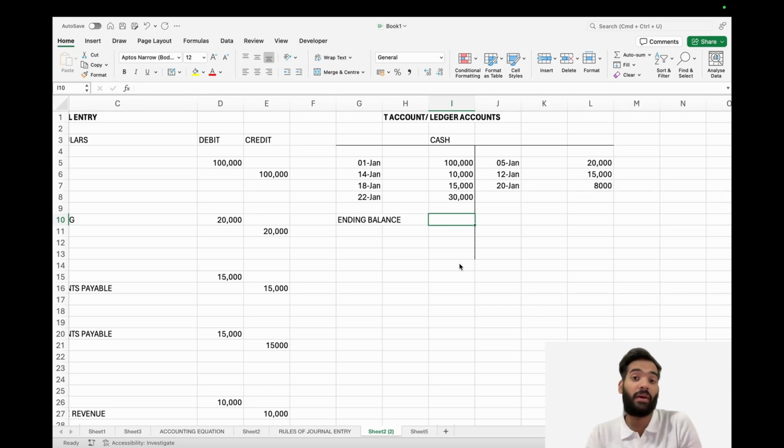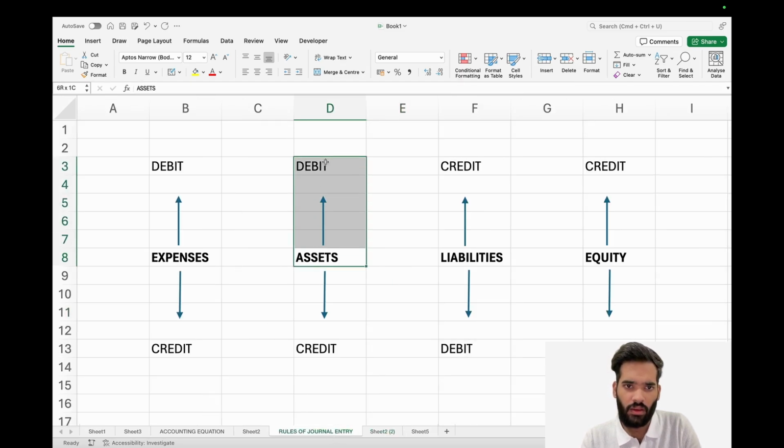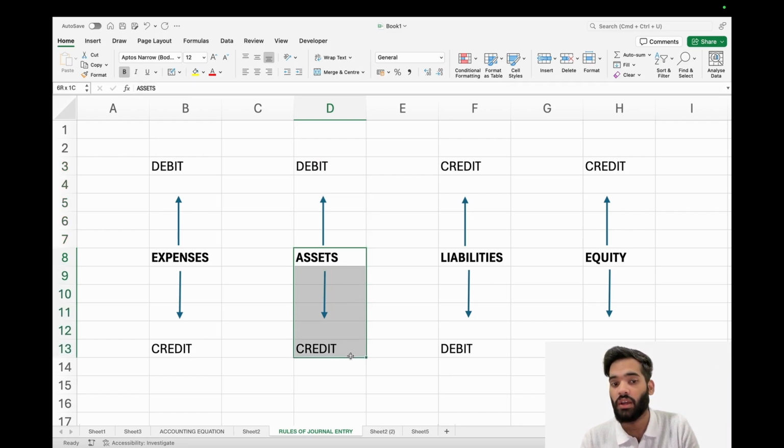Again, that's what it means to find the total. Basically, to find the ending balance, it's always the total increase minus the total decrease. So we know cash is an asset account, and assets increase on debit. So that means I have to do the total on the debit side minus the total on the credit side, because that's the decrease side.